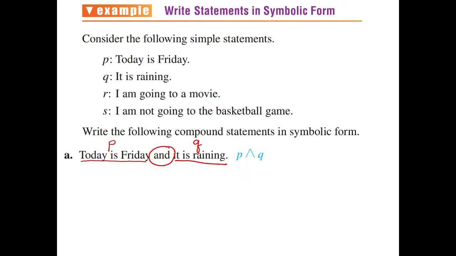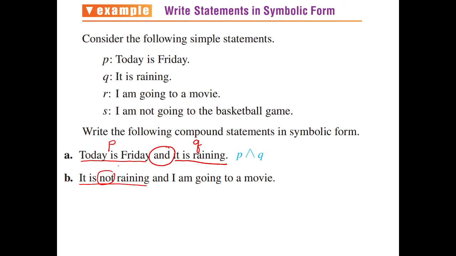Okay, let's go to letter B. It is not raining and I am going to a movie. So take note of the word not. What is my representation for it is raining? Q. Since there is a not, how do you write it is not raining?